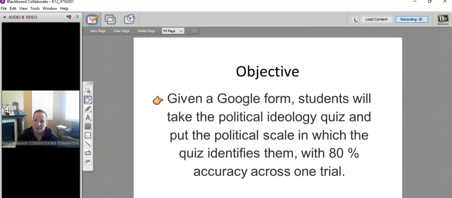I'll go to the link and show you how it works. It's about 11 questions, and it will put you on a political scale to see where you're at, in which you'll identify where you are with 80% accuracy. It's really to see where your values stay in line.